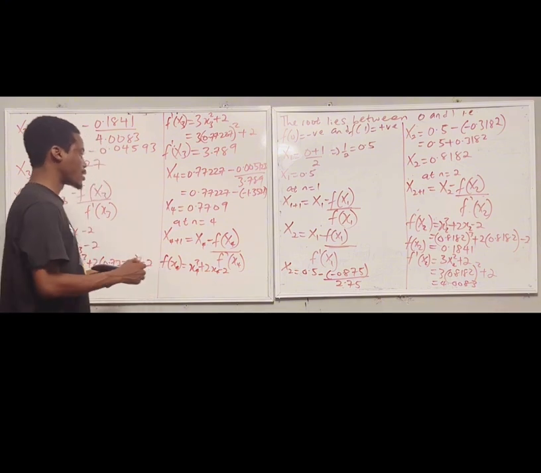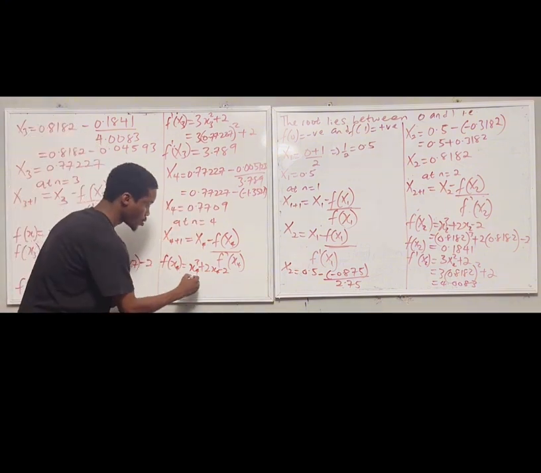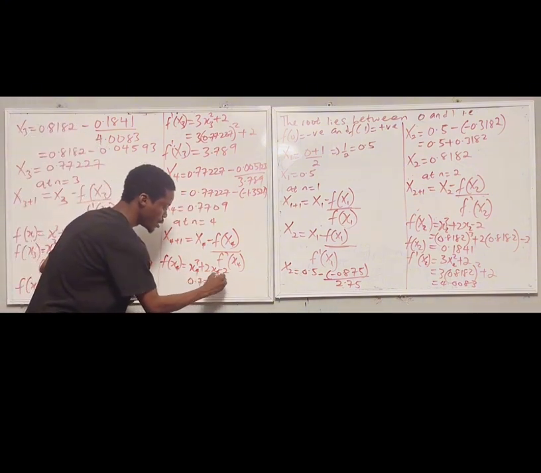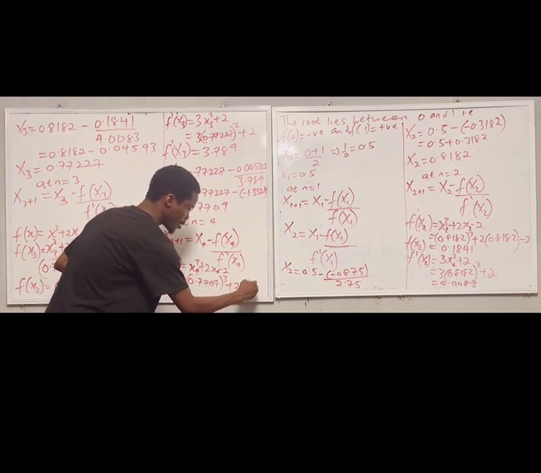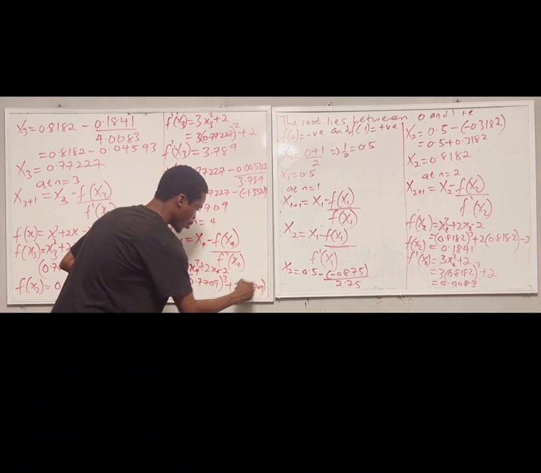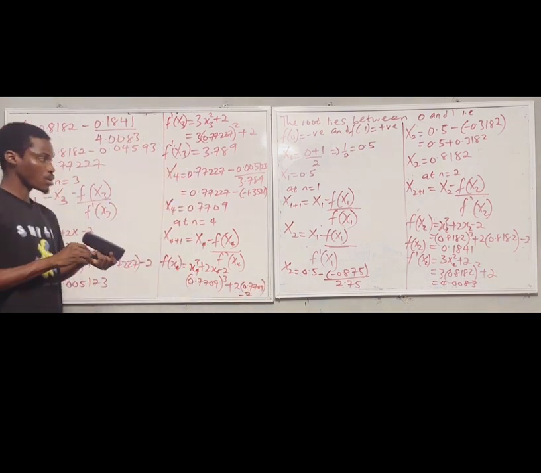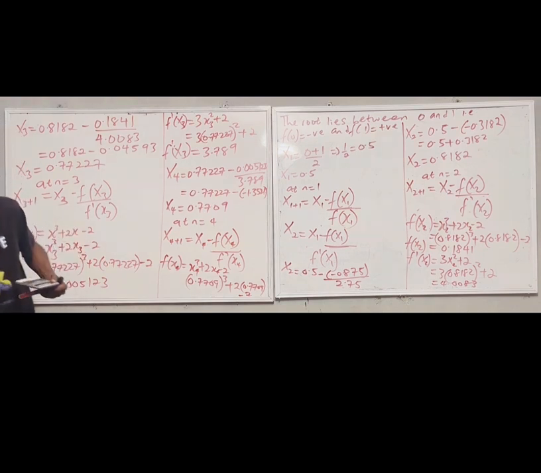So what is my x4 already? This is my x4. So 0.7709 cubed plus 2 times 0.7709 minus 2. You can make a screenshot for this.